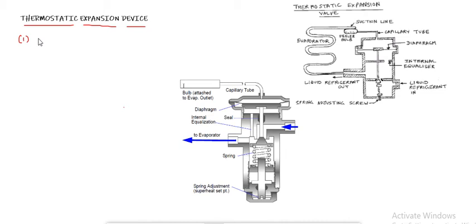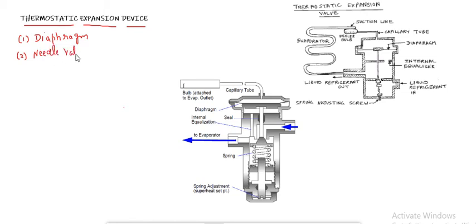If we talk about the components, the main component of the system is the diaphragm, which you can see in the picture also. Secondly, we have a needle valve that is used to control the flow of refrigerant to the evaporator.